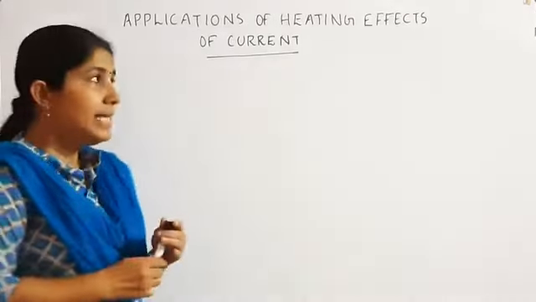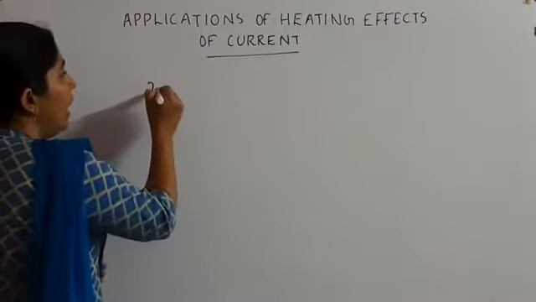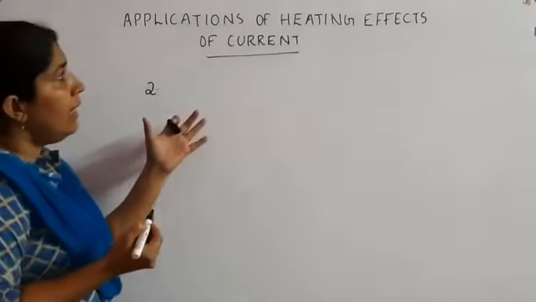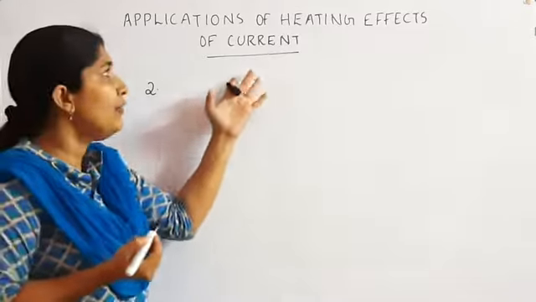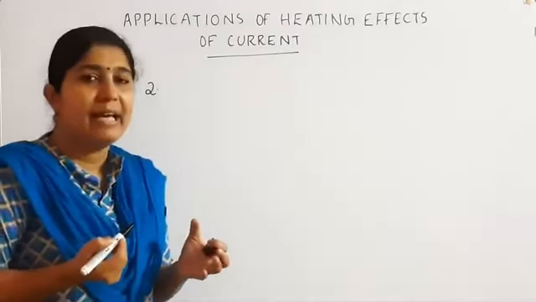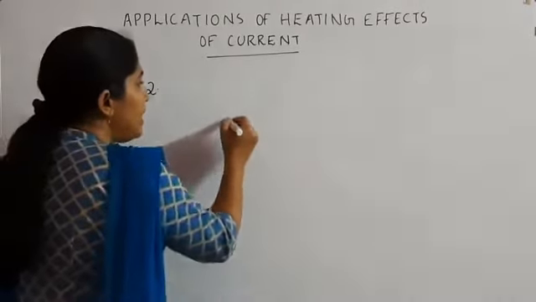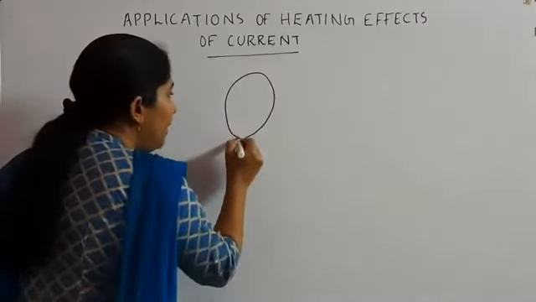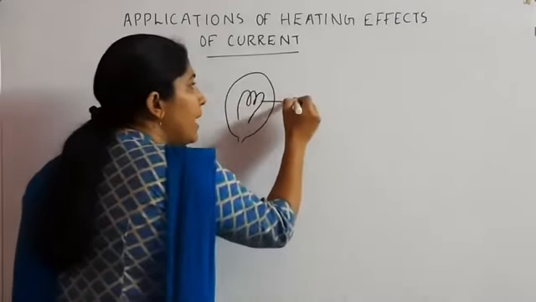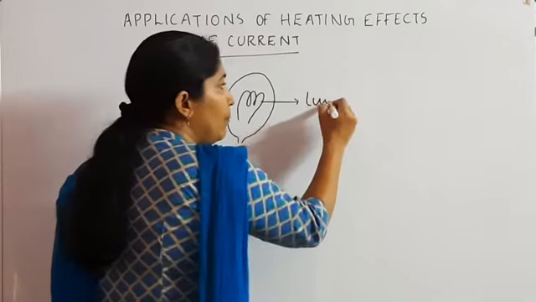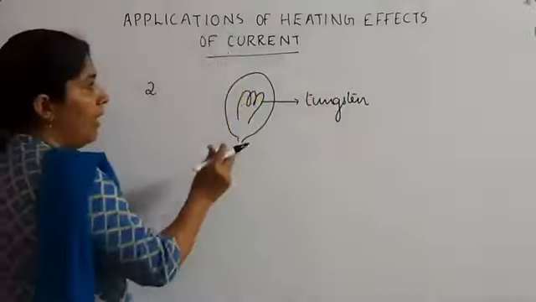The second device which makes use of the heating effects of current is the electric bulb. In the electric bulb, there is a filament, and that filament is made up of tungsten.